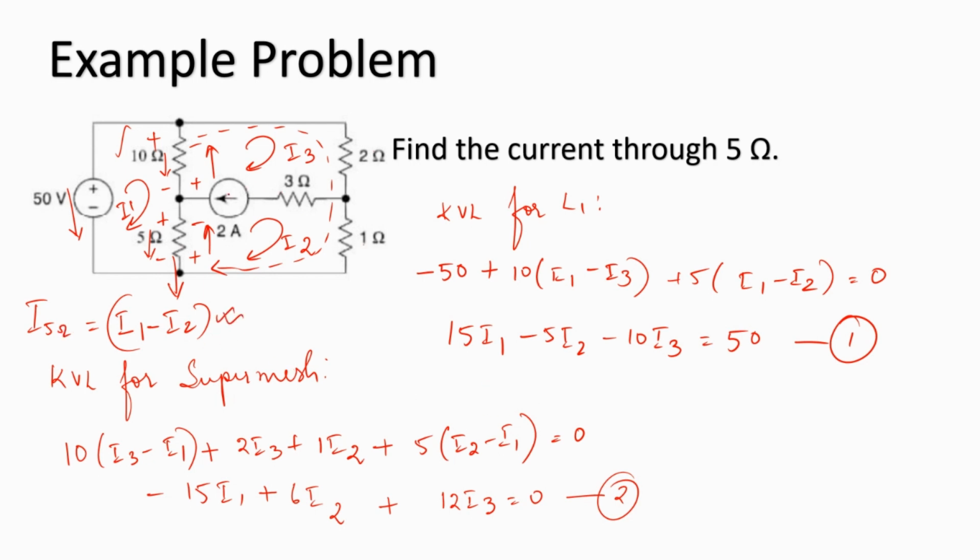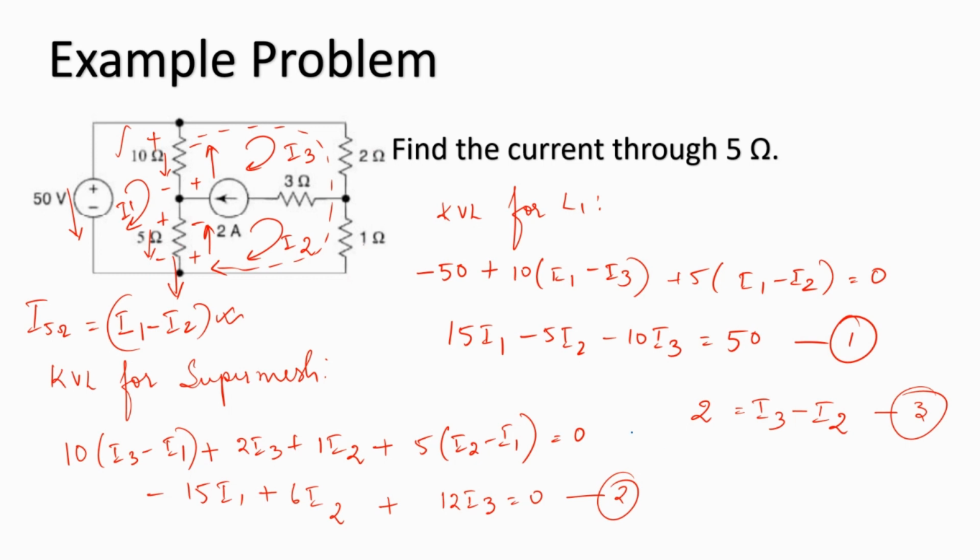And from this branch that we ignored for framing the KVL in the super mesh, we can say that the current through this 2 ohms is actually made up of I3 minus I2. So this forms my third equation. So having these three equations in hand, we can solve them to find out I1, I2 and I3.